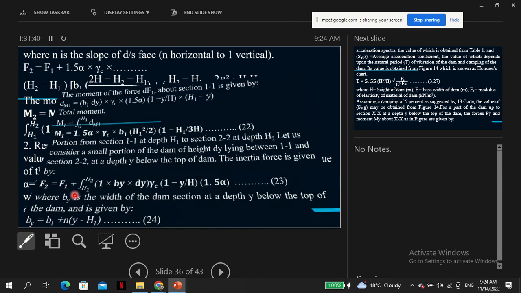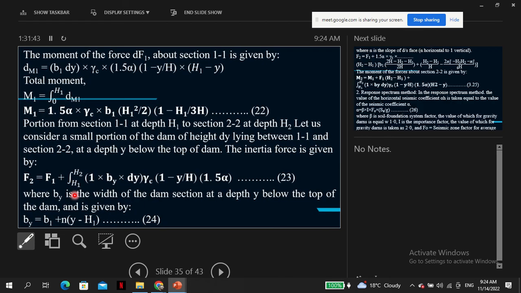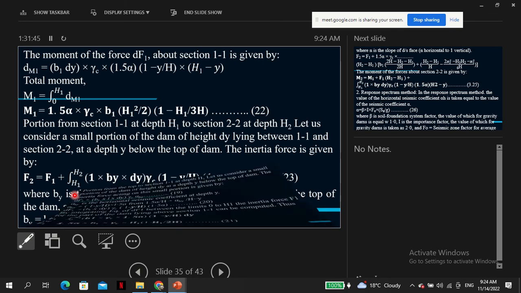Again, you can get by from congruency and similarity.